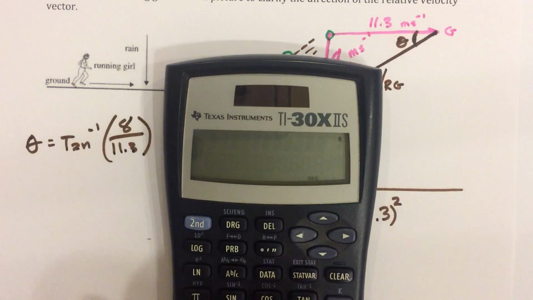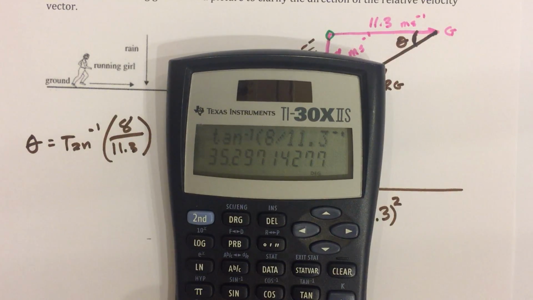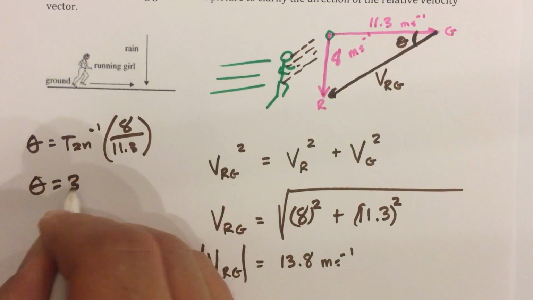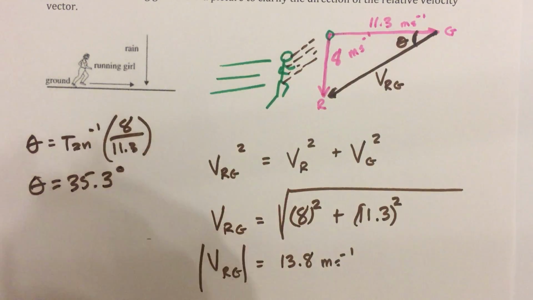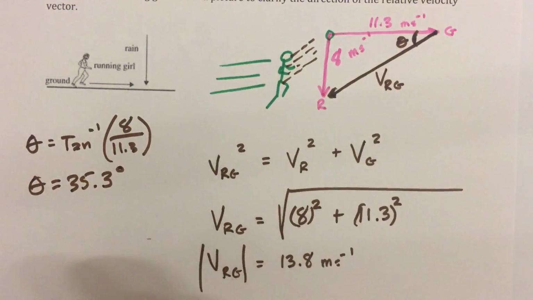Let's do that. Inverse tangent of 8 divided by 11.3 gives us 35.3 degrees. And that's this angle here. So we could represent our whole velocity.